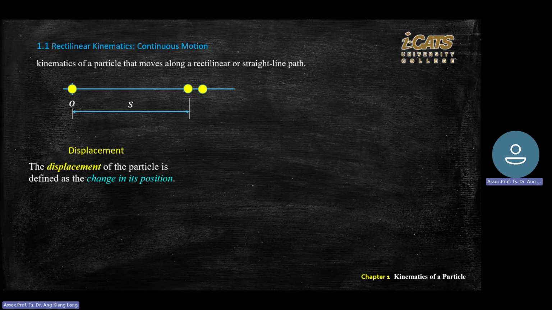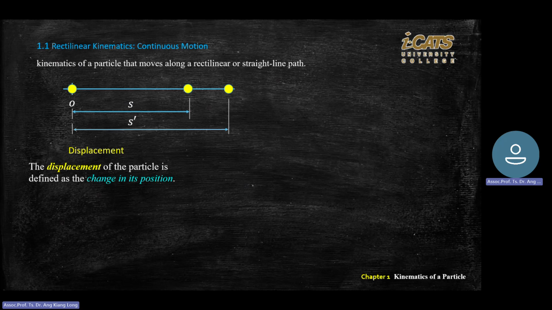So we start with the name of displacement. Displacement is a change of position. The original position will be S. The second position, we label S prime, and the third position will be S double prime, and so on.